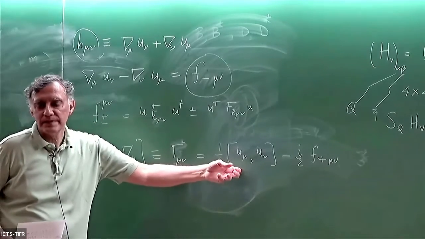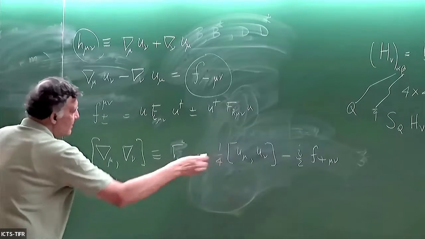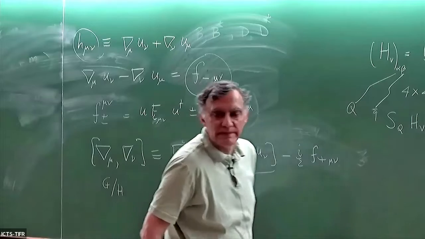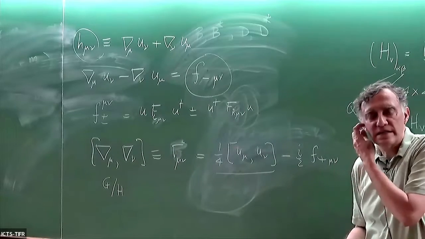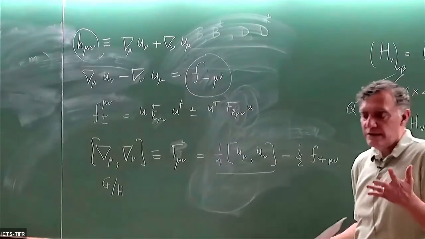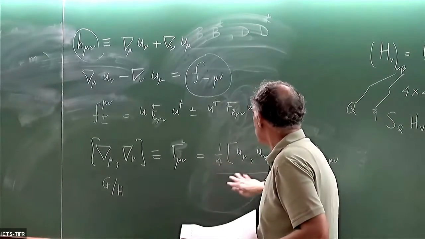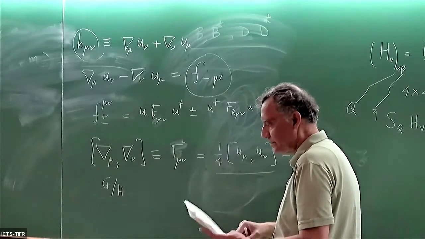So this is G mod H, some space, and this is basically the Riemann curvature tensor. It can be computed explicitly, and there's this interesting 1/4. When we were writing these recent papers on geometrical methods for doing loop corrections in chiral perturbation theory, the Riemann curvature which enters is this piece.